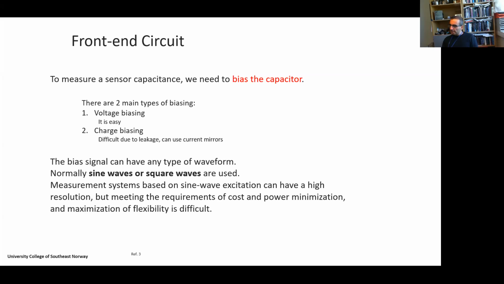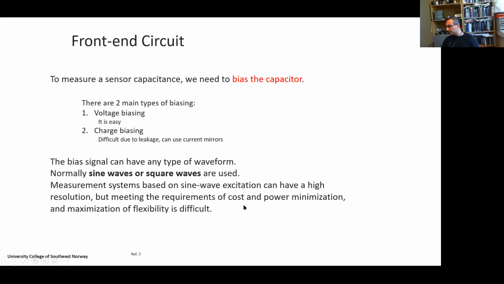And then these two, voltage biasing and charge biasing, can be DC or AC. And if they are AC, they can be sine waves or square waves. And again, they have their own challenges, and then their drawbacks.